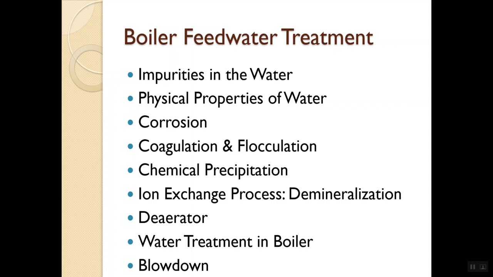Those little bubbles are the oxygen being driven out of the water. If we don't drive them out of the water before we put it in a boiler, it can cause problems later on down the system, because it's going to corrode. Right? Oxygen is going to promote corrosion inside of our pipes, so we want to get it out.